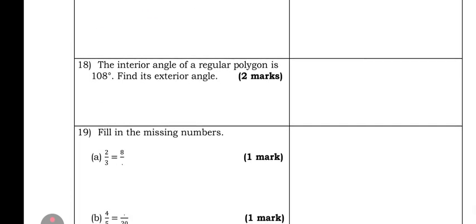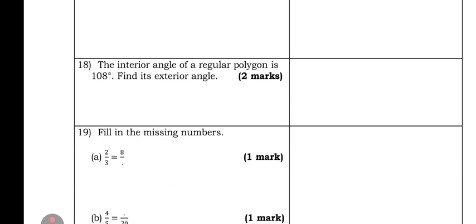Very easy question. The interior angle of a regular polygon is 108 degrees. Find the exterior angle. We have to know that the sum of the interior angle and the exterior angle is equal to 180 degrees. You take the given angle, which is 108 degrees, and we are asked to find the exterior angle.